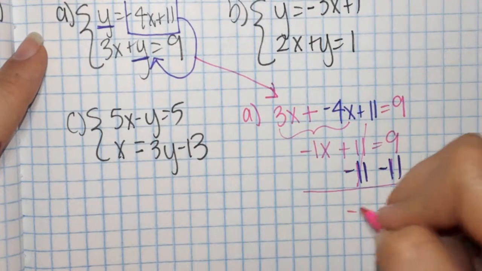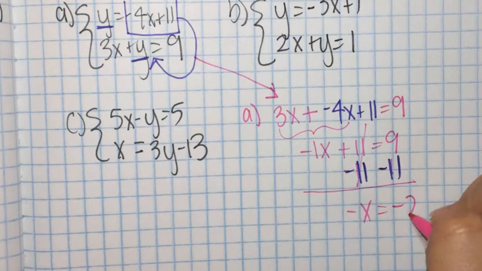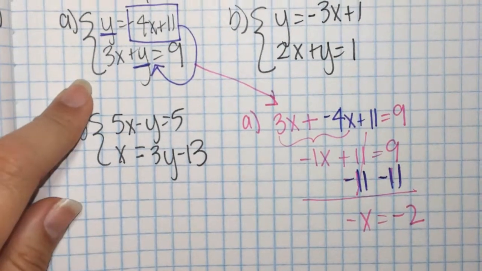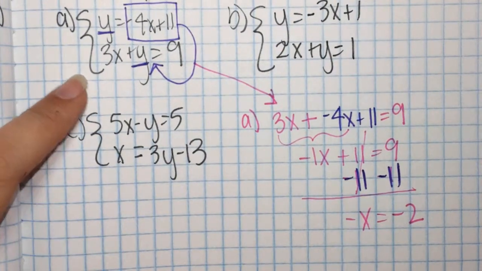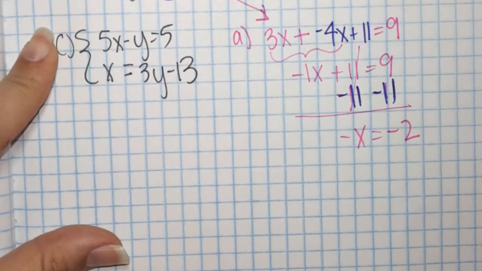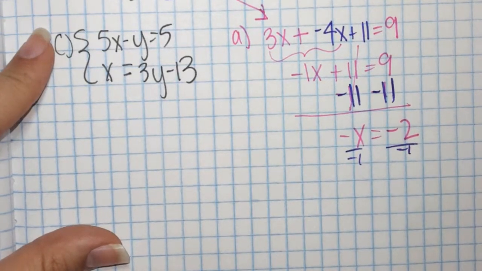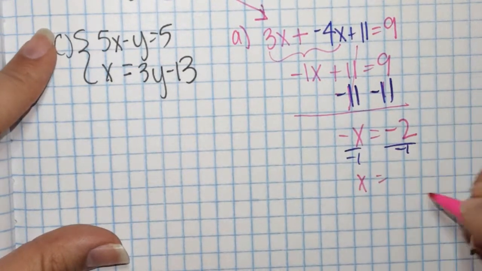Alright, so then we have negative x equals, what's 9 minus 11? Negative 2. And then what do I do? Yeah, I divide both sides by negative 1. Awesome. And x equals 2.